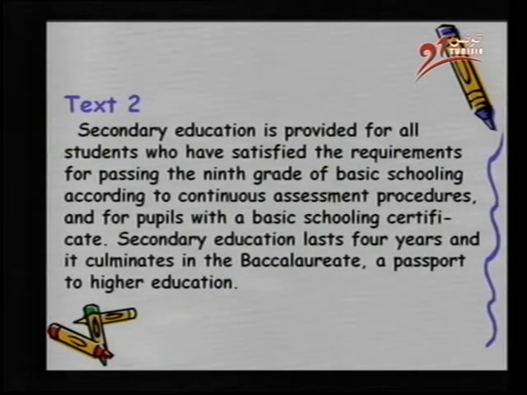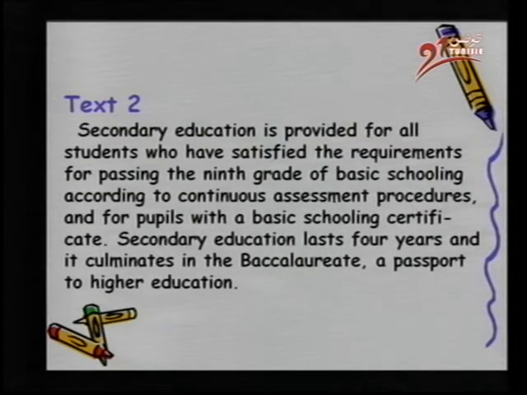Secondary education is provided for all students who have satisfied the requirements for passing the 9th grade of basic schooling, according to continuous assessment procedures, and for pupils with a basic schooling certificate. Secondary education lasts 4 years, and it culminates in the baccalaureate, a passport to higher education.